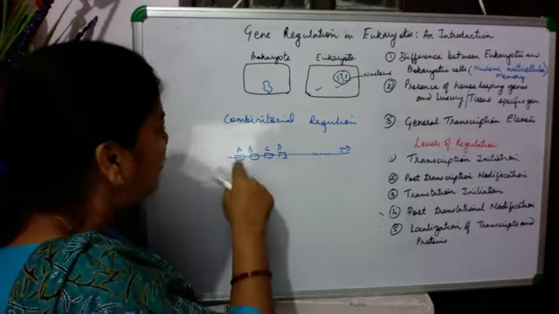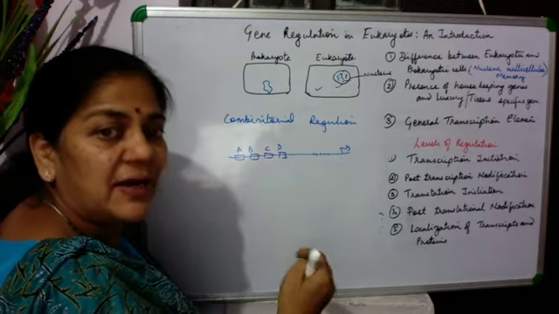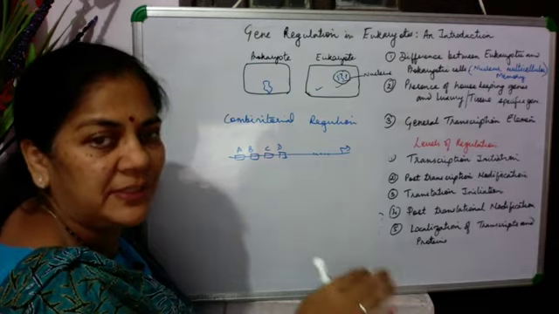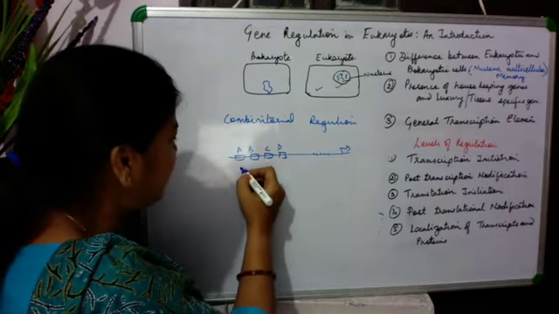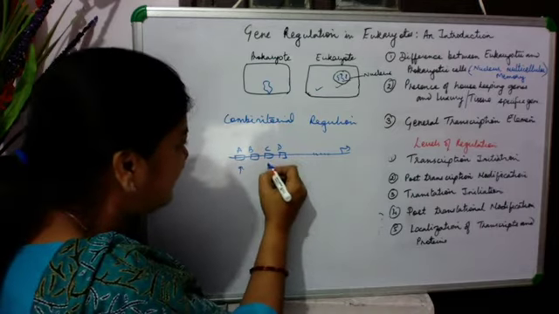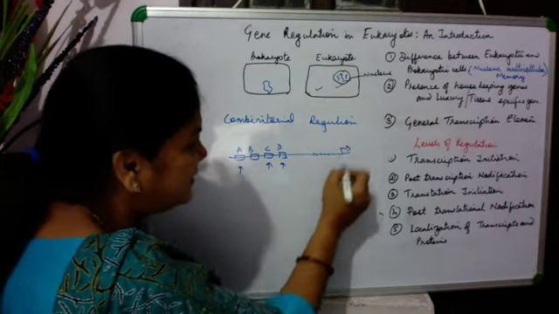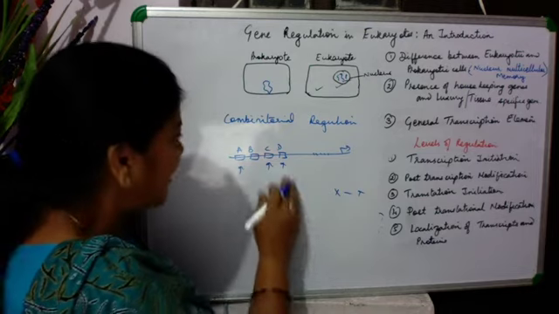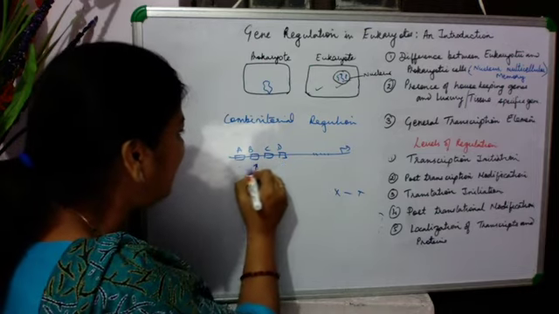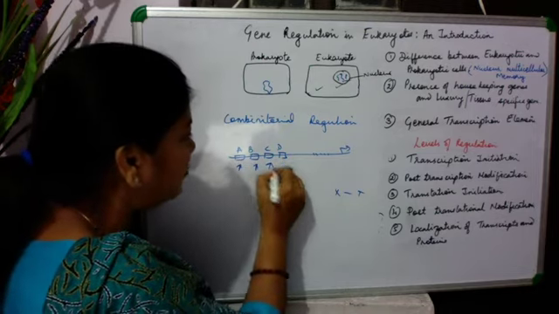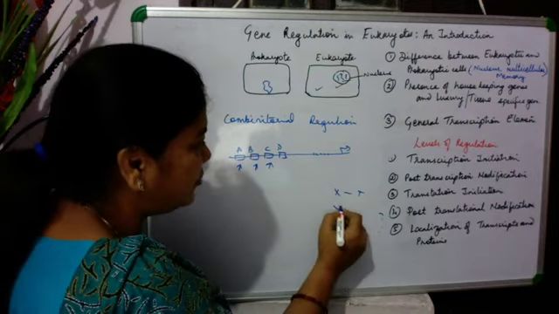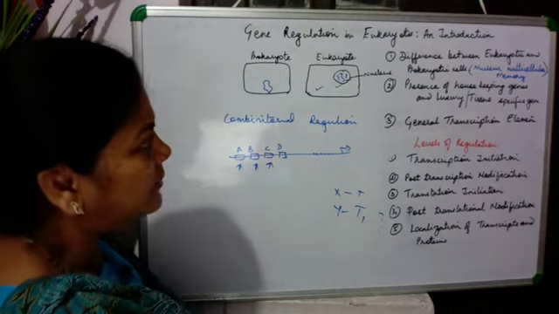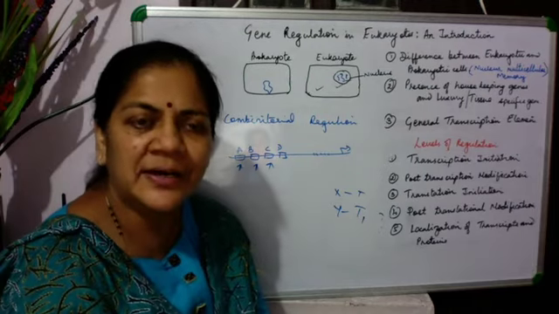Depending upon which set of transcription factors is bound, the gene activation will be temporally or spatially regulated. If A, C and D are bound, then this gene is expressed in tissue X at time T. If B, A and C are bound, then this gene is expressed in tissue Y at time T1. So this is how genes are regulated.